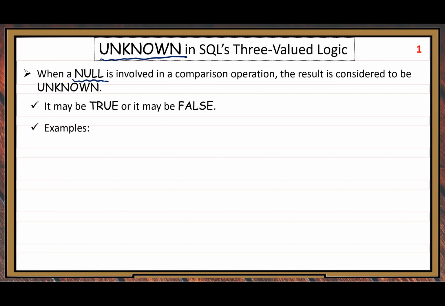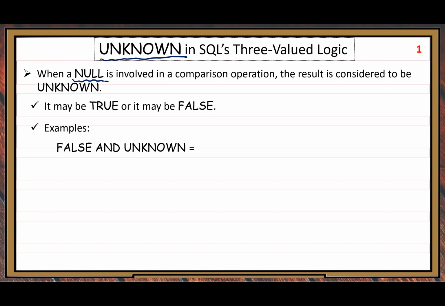All right, example. Let us work on a few simple examples with unknown value involved in Boolean operations, and see how to find the answer value. The first example: false AND unknown.